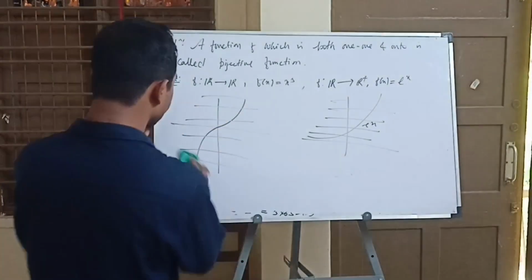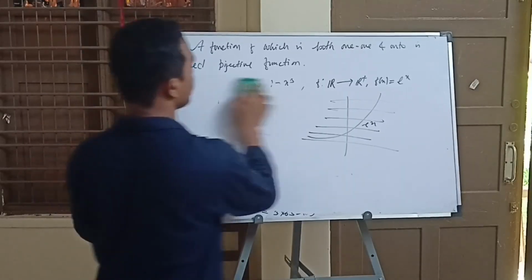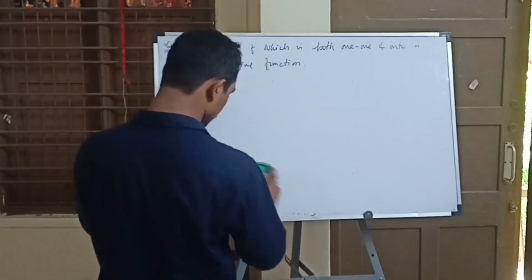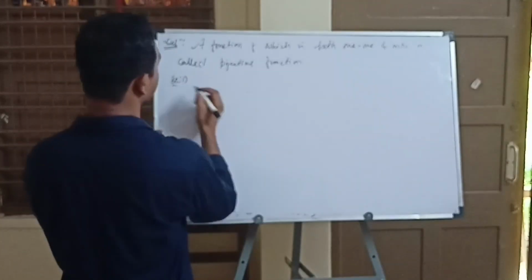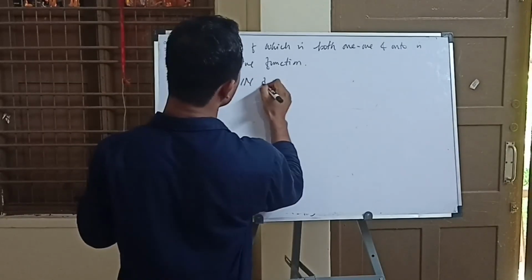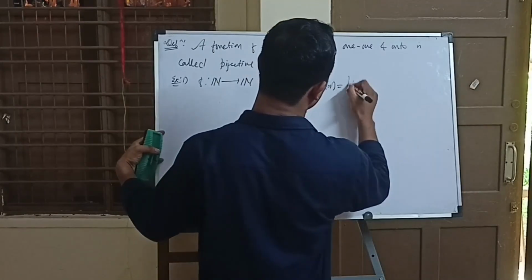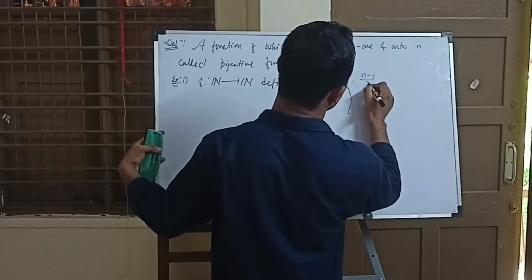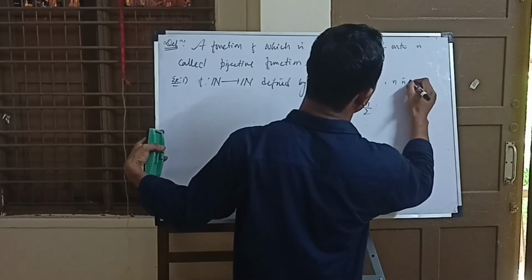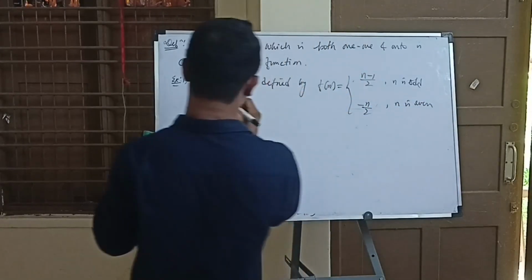Okay, let me do some examples related to bijective functions. Example 1. Suppose f is a function from N to N defined by f of n is (n minus 1) by 2 when n is odd, and minus n by 2 when n is even.